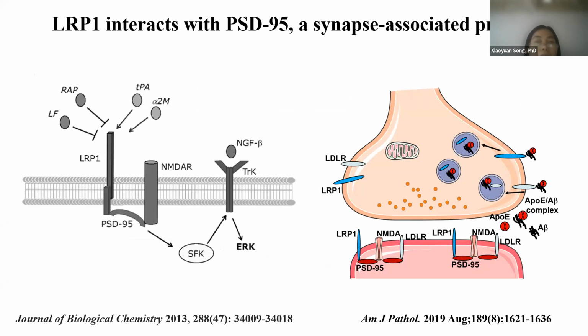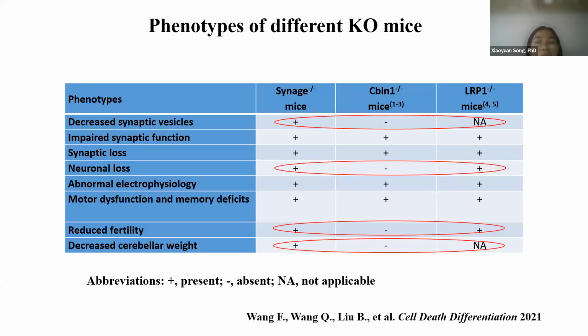It interacts with PSD95, which is a post-synaptic protein. Next. And the LRP1 knockout mice have some phenotypes the same as Synage knockout mice and different from CBL1 knockout mice. So it's perfectly good if these two pathways together account for the Synage function in synapse.